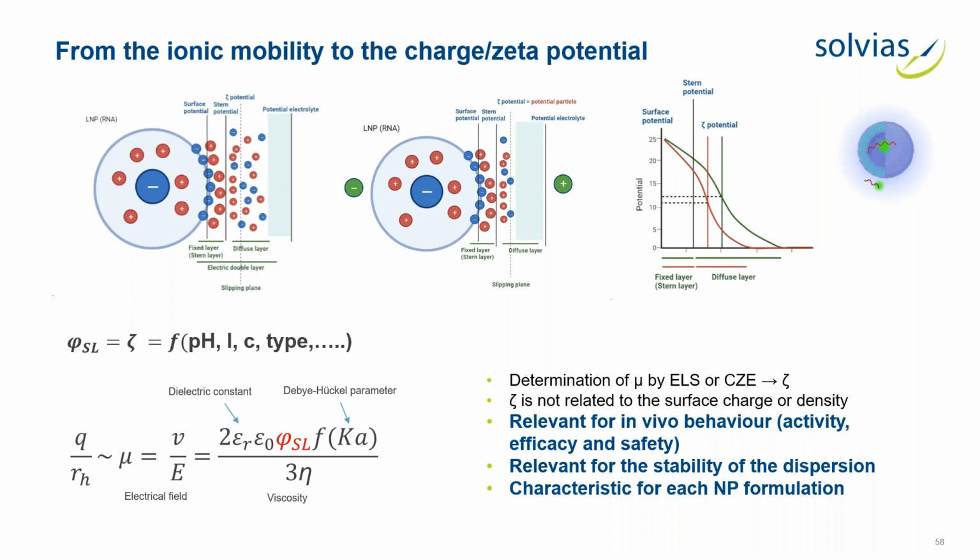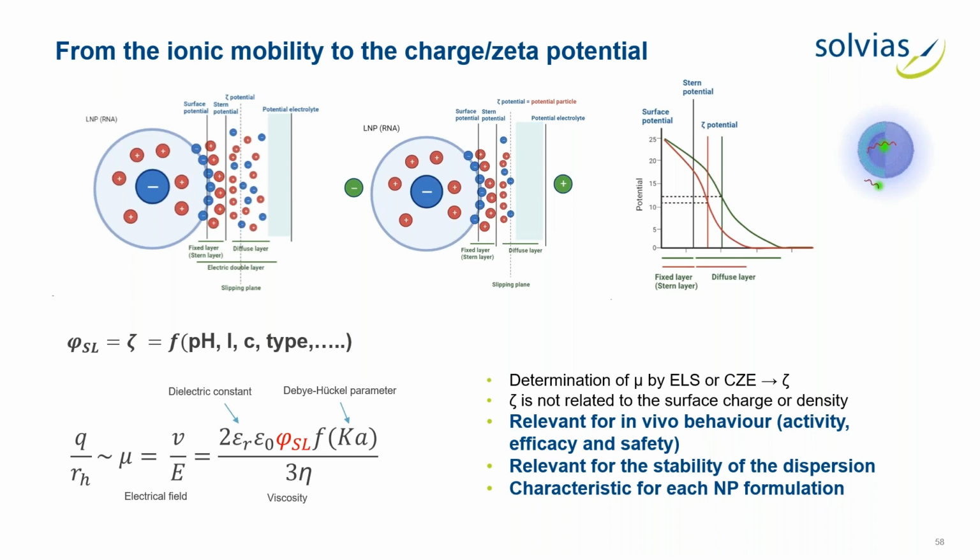This plane is a characteristic parameter of each particle and is strongly dependent on the pH, ionic strength, and also concentration. At defined conditions, the zeta potential of nanoparticles can be deduced from the ionic mobility, as shown here in the equation.